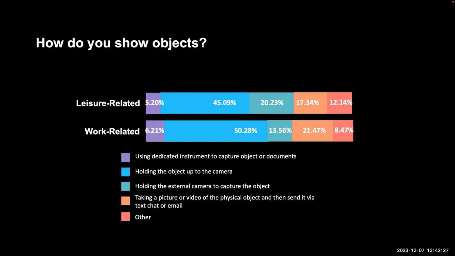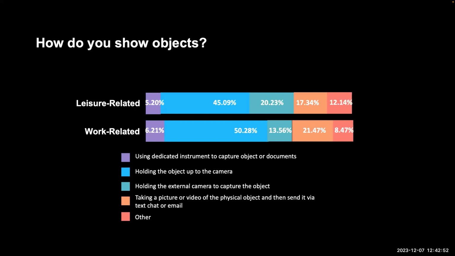But we also asked how they show objects. I think it's similar to how we, in our group, used to share objects. You just have a webcam on your laptop or on your desktop monitor, and you bring an object to the camera, and that's how you usually show the object.